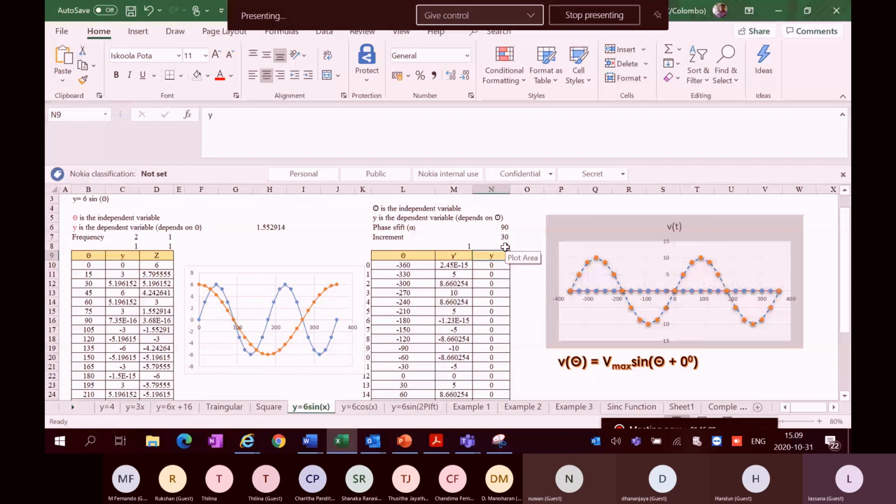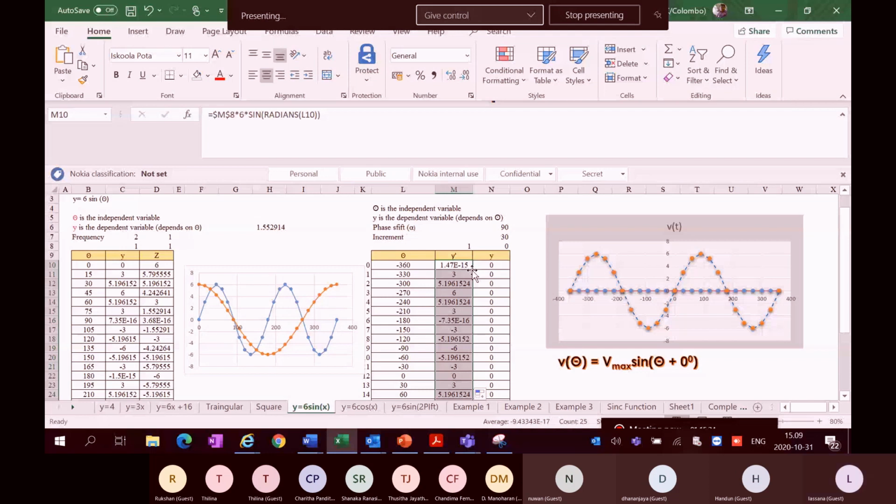Now what I am trying to do is show what this phase angle does. This is my original sine signal that has zero phase angle. Now here I am trying to add one more graph.